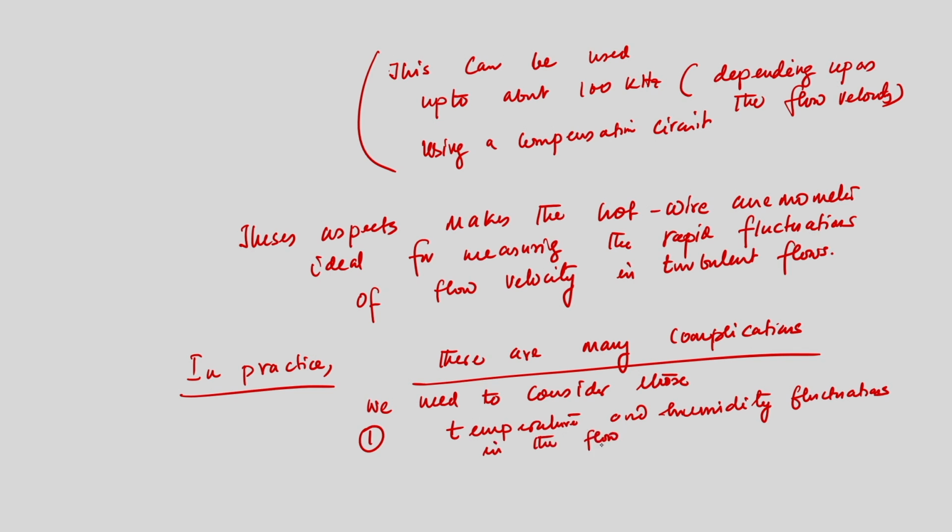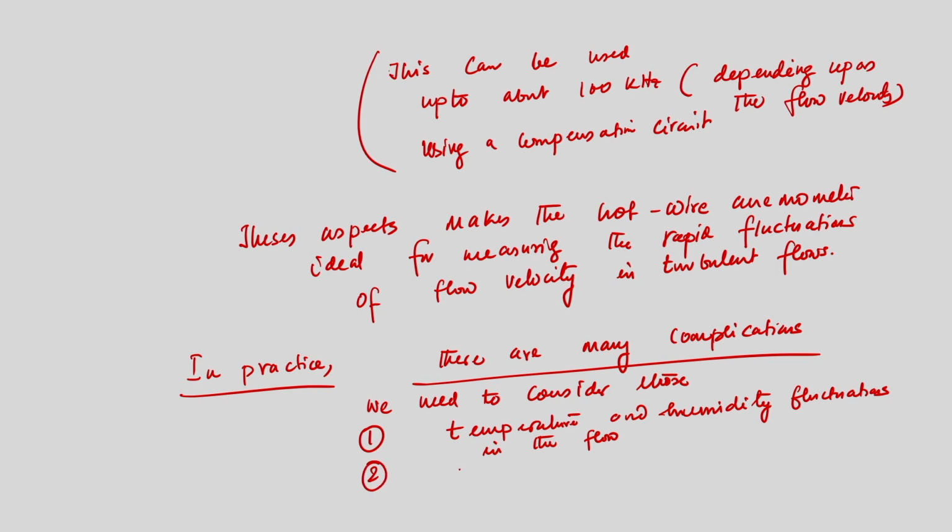So if we need to measure a flow velocity component in a flow field where temperature and humidity fluctuate, then we'll face difficulty in measuring flow velocity. Because we are measuring flow velocity by measuring the heat transfer, if the temperature of the fluid changes, then it will be very difficult.